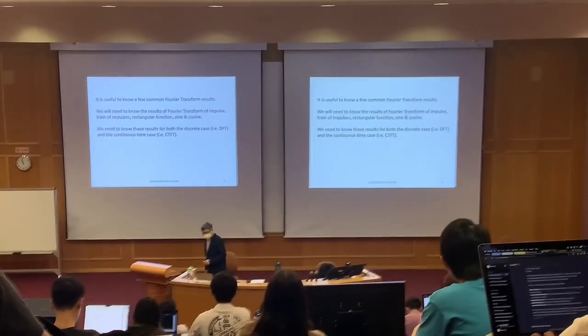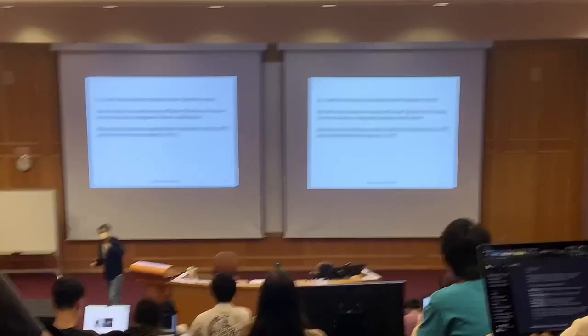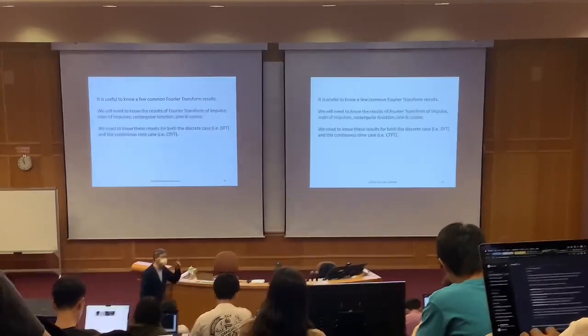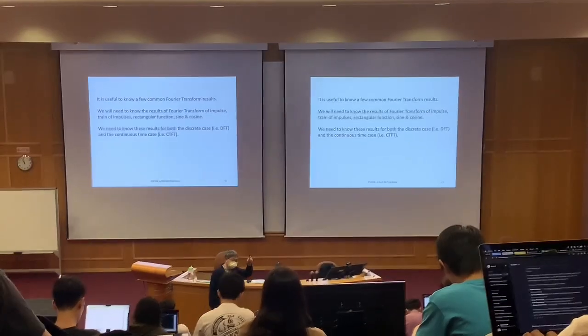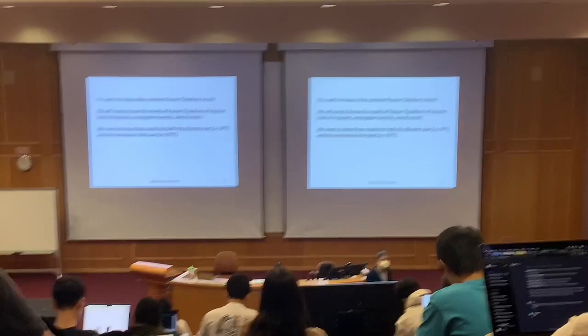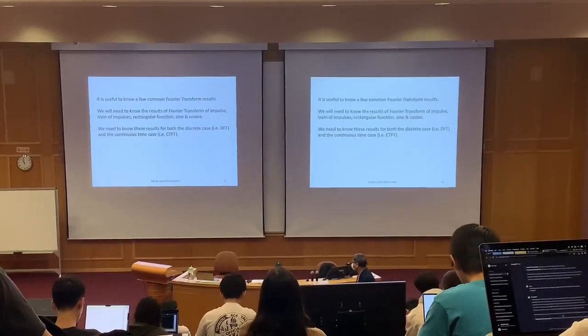So it's useful to know a few common Fourier transform results. There are something called Fourier transform tables, where you can find the transform from the time axis to the frequency axis and vice versa. But I only extract a few that you need to know to understand the rest of the material.